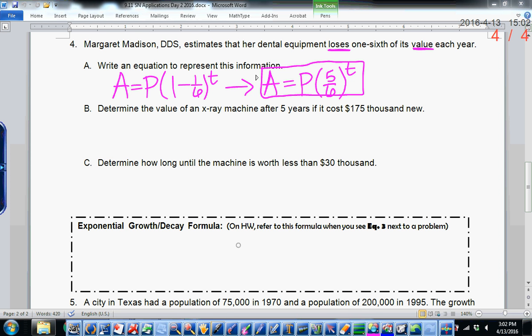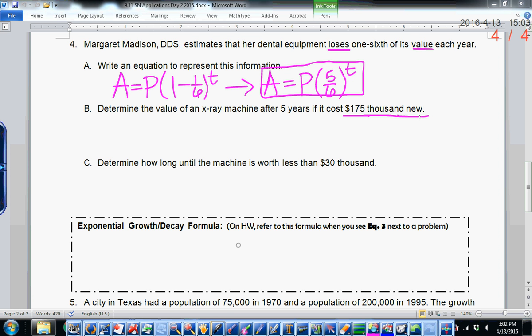Let's look at C. Determine how long until the machine is worth less than $30,000. So we're going to use this cost right here. It's $175,000 new. Okay? And we want to know when the machine is less than $30,000. So could we find when the machine is exactly $30,000 and then do any time after that?